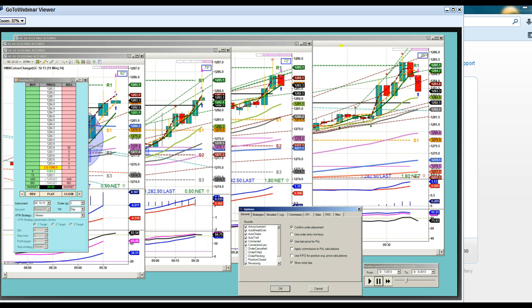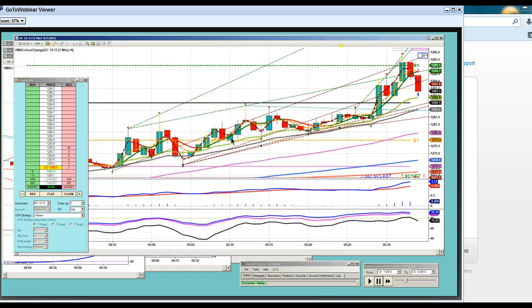How do you get the LR brown line to show up on top of the candles? If you have a problem with the display, all you do is fix what's called the Z factor. You can do a search on the Ninja website and type in Z factor, and it'll give you the instruction.